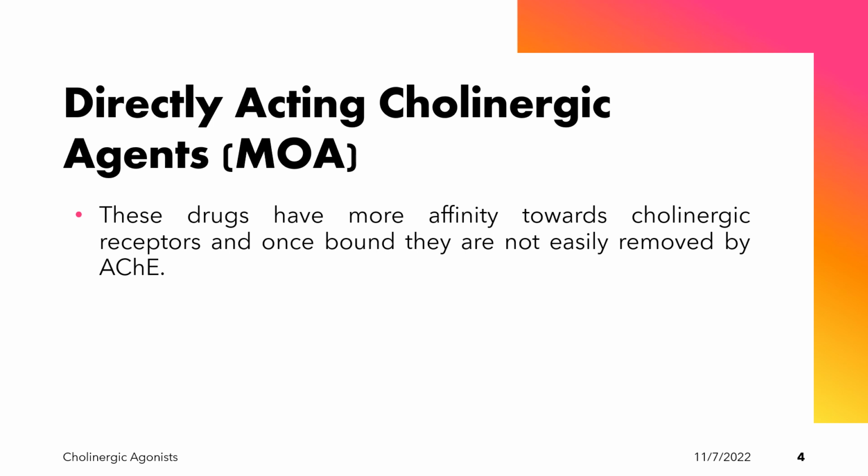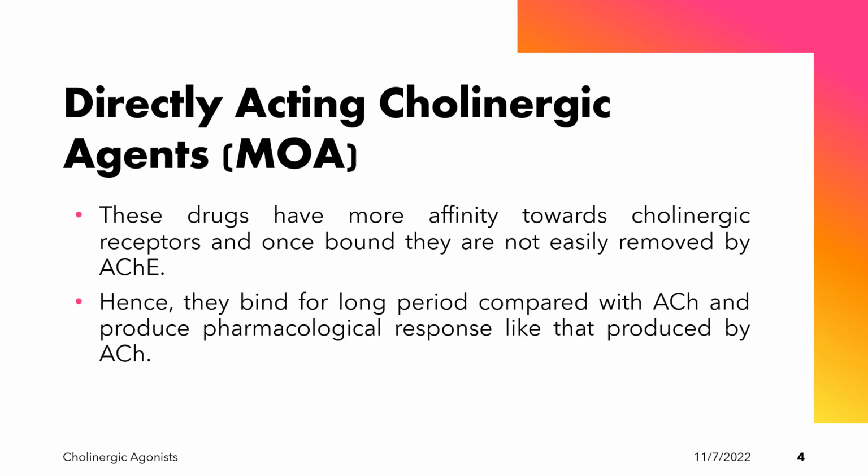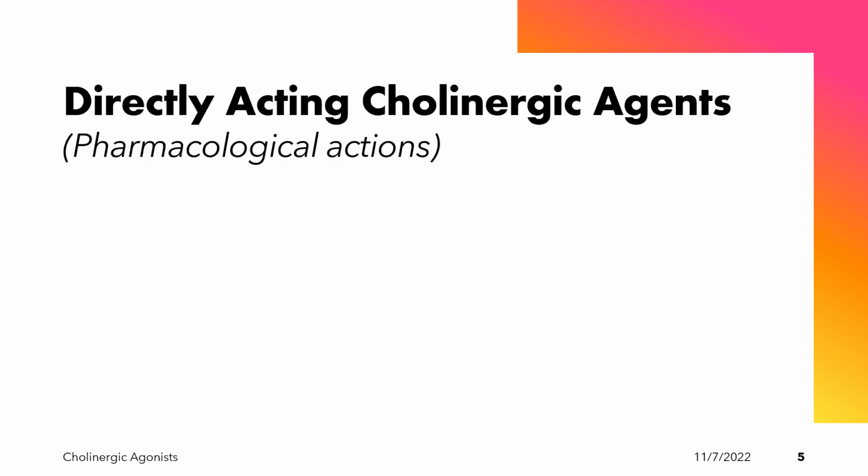Their chemical structure has endowed them the ability to resist the degradation of acetylcholinesterase. Hence, these drugs are bound for a longer period compared with acetylcholine and produce a pharmacological response like that produced by acetylcholine. Let's now proceed to the individual pharmacological actions and effects of the direct-acting cholinergic agents.